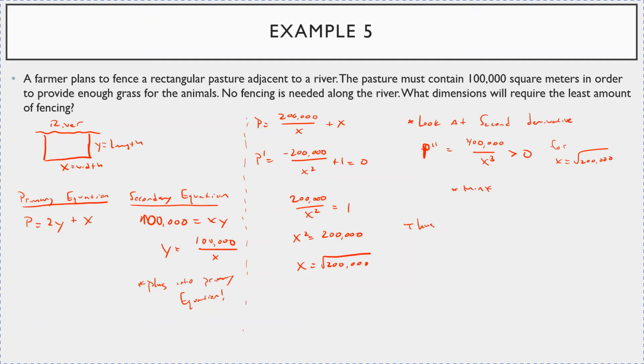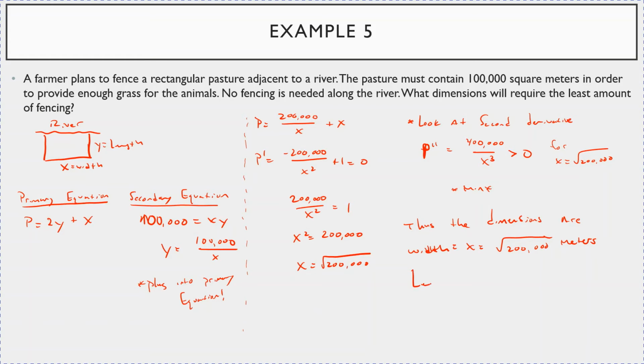Okay, so thus the dimensions are: we have the width, which is the square root of 200,000 meters.